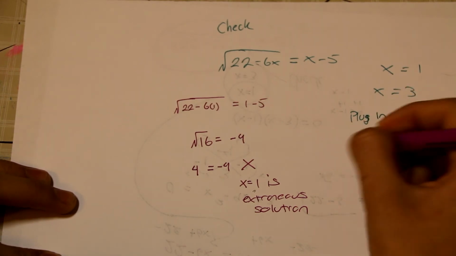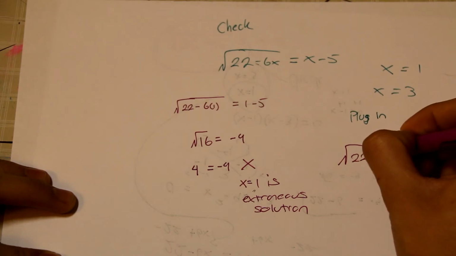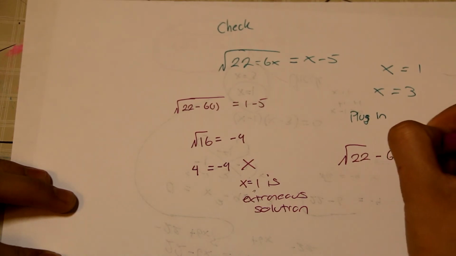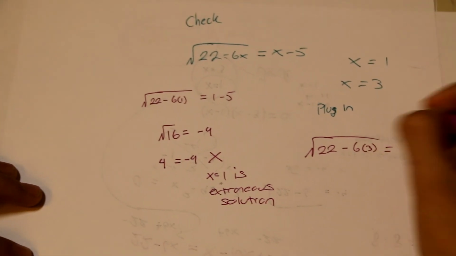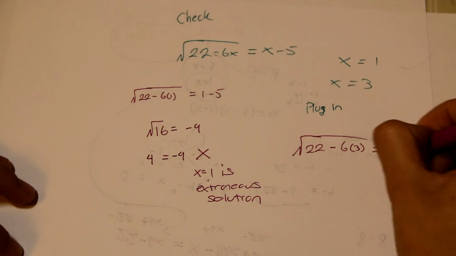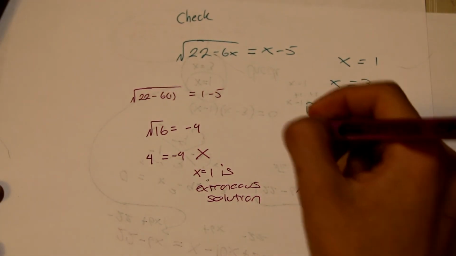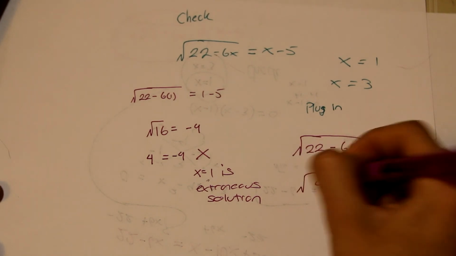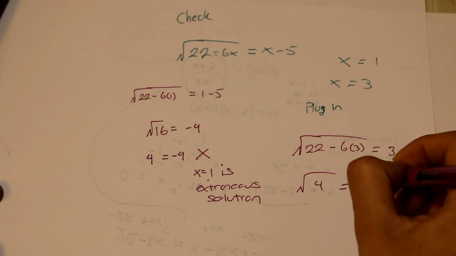So again, we plug this in. The square root of 22 minus 6 times 3 equals 3 minus 5. The square root of 4 equals negative 2.